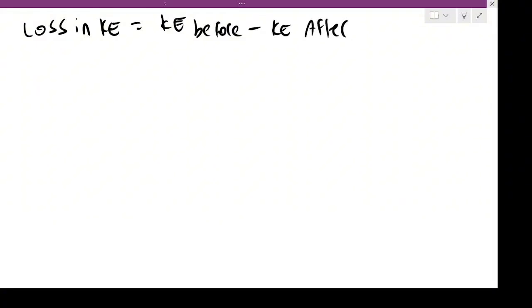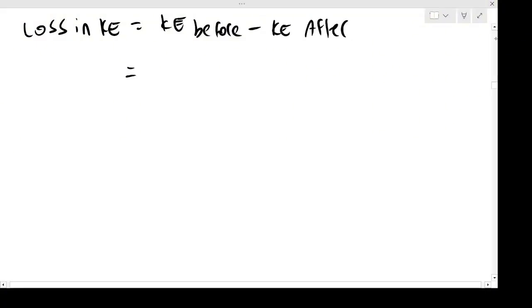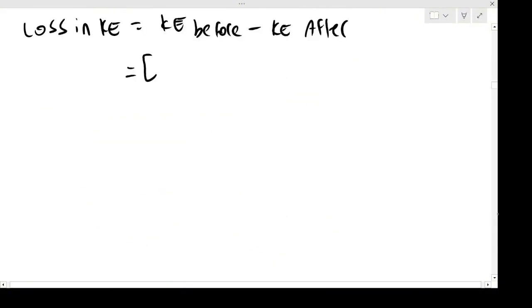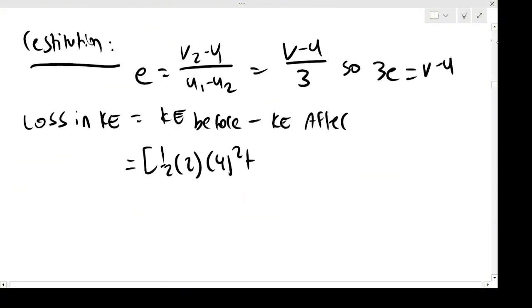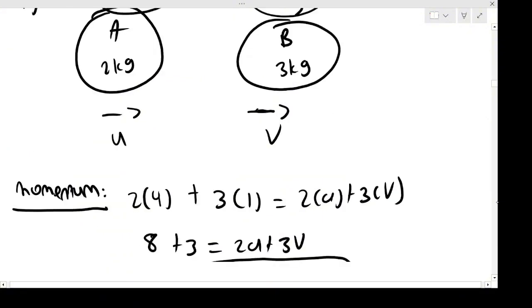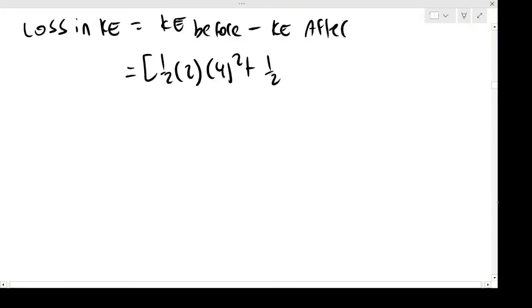So that's going to be kinetic energy before. For A, the initial speed is 4, so it's going to be half times 2 for the mass, 4 squared. And then for the second particle, the speed is 1 and the mass is 3. So it's going to be half times 3, lots of 1 squared.